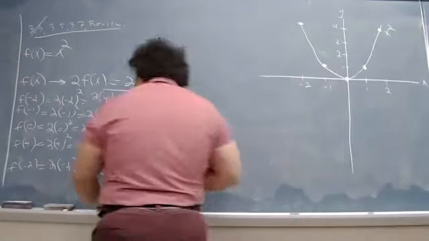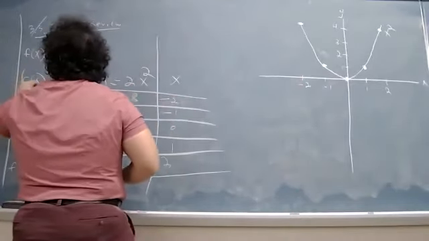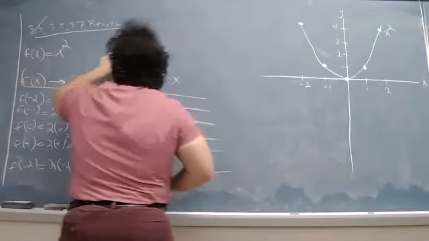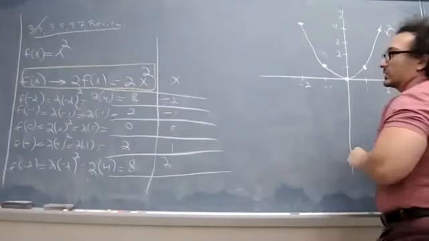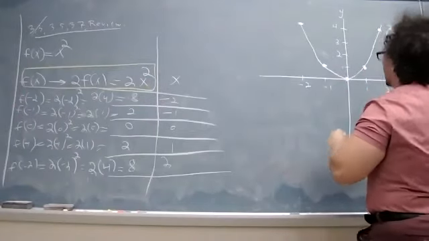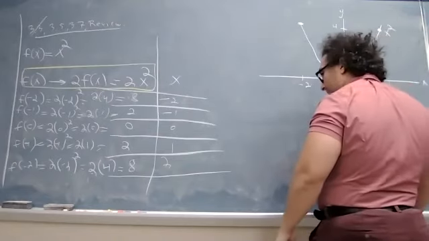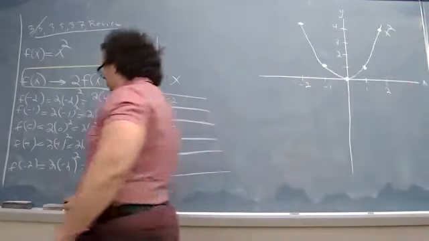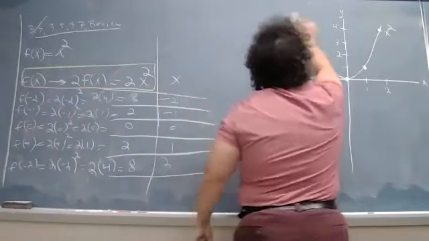So let me do this in yellow. So I go to -2. I find what is the output, 8. Oh man, I made my graph too big or not scaled appropriately. So let me scale this graph more appropriately here.